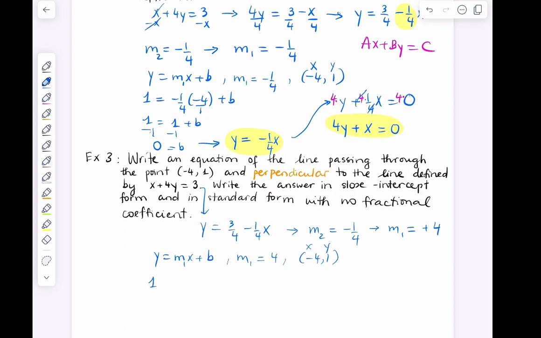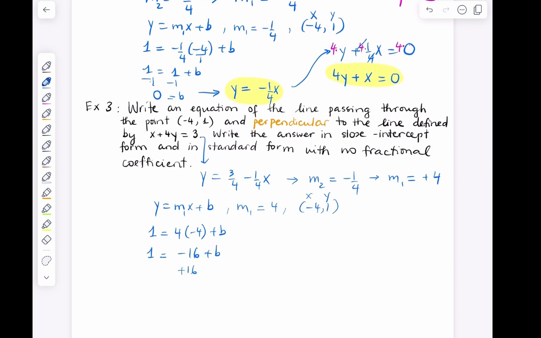So y is 1, m sub 1 is 4, x is -4, plus b. This will be 1 is equal to -16 plus b. We need to add 16 to both sides to get b by itself. So b is equal to 17. So the equation must be y equals 4x plus b, which is +17.